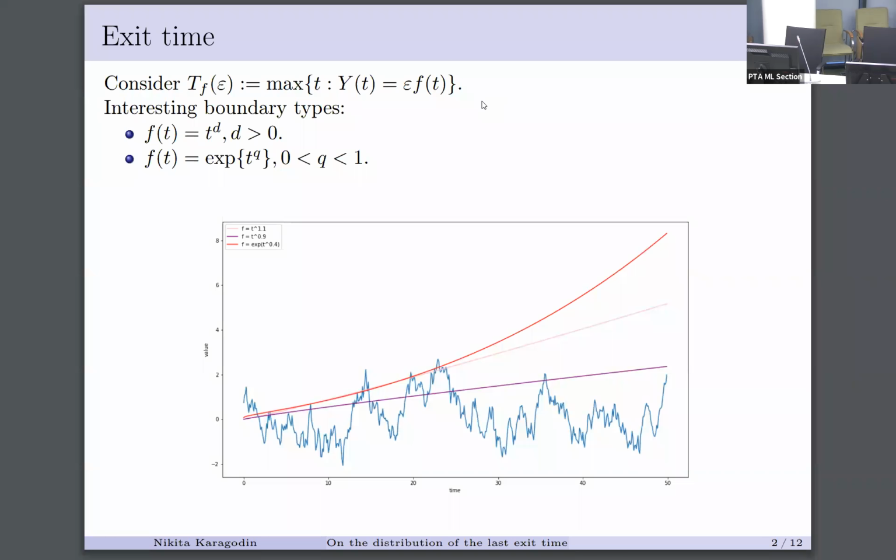In the general definition, no, but I consider only continuous functions.